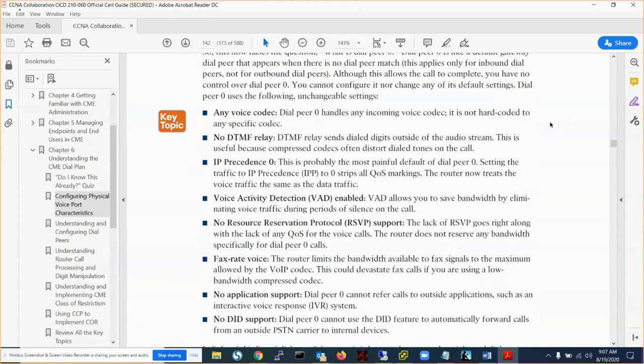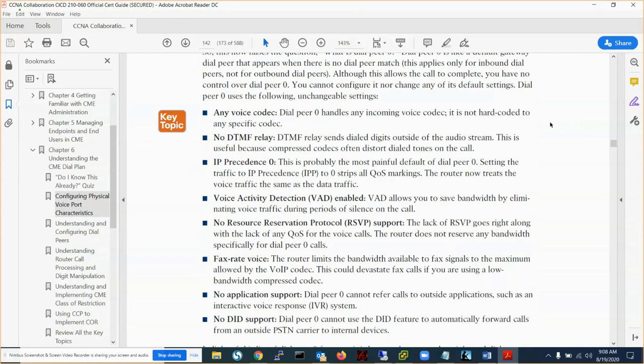IP precedence zero. This is probably the most painful default of dial pair 0. Setting the traffic IP precedence to zero strips off QoS markers. The router now treats the voice traffic the same as everything else, right? Normally you always try to give voice precedence over all the other traffic, but on this common dial pair 0, you don't get that. So when you send voice with dial pair 0 and it hits the queue, the router will just say you have to go to the back of the line and wait your turn.